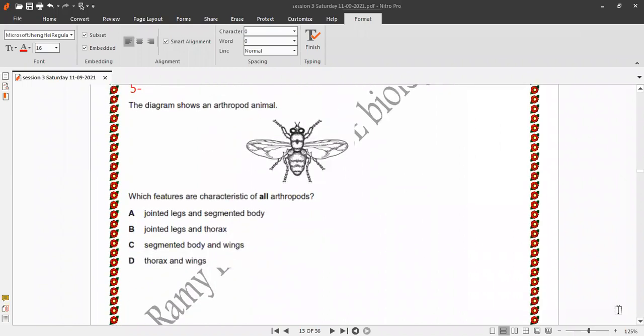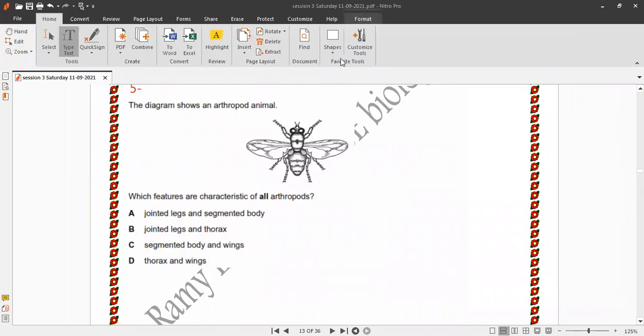Number 5, Khulud. Yes, sir. The diagram shows an arthropod animal. Which features are characteristic of all arthropods? It's A, jointed legs and segmented body. Yeah.